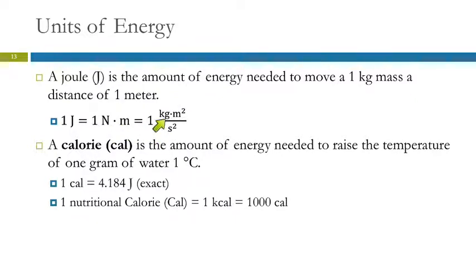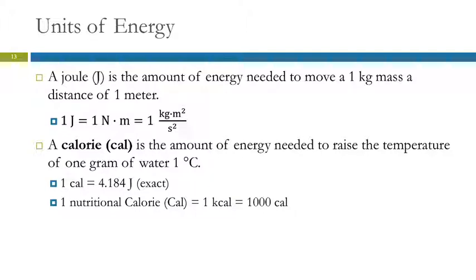It's also equivalent to a kilogram meter squared per second squared, because Newton is a kilogram meter per second squared. So if you're one of those people that cares about units and how they cancel out, that's information you'll be interested in. If you don't care so much, I'm not going to test you on that.